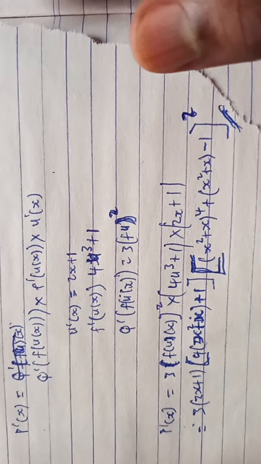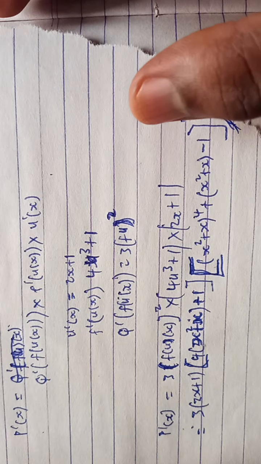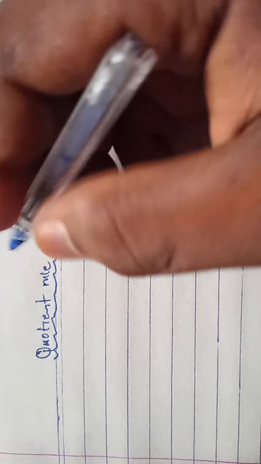So let's move on. The last one is the quotient rule. So let's really deal with the quotient rule. What does it say? The quotient rule says that when you have a rational function, you use that one.